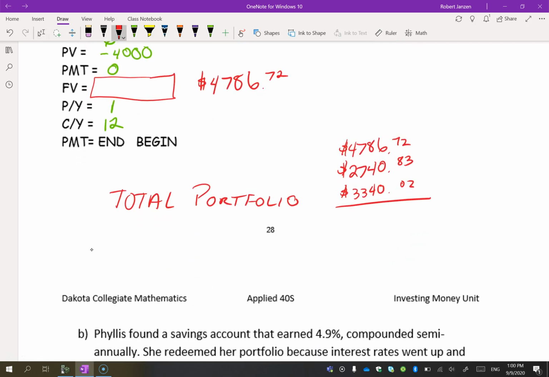And if we add that all up, we should end up with $10,867.57. All right.